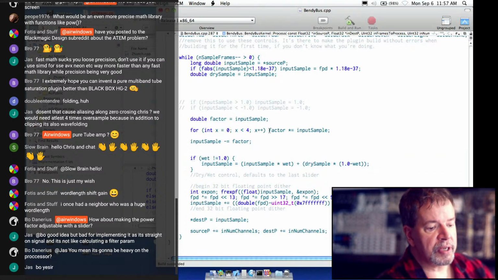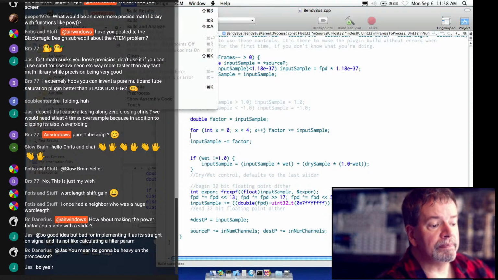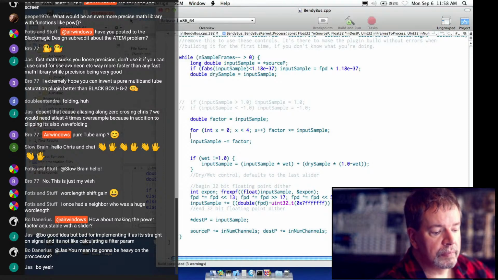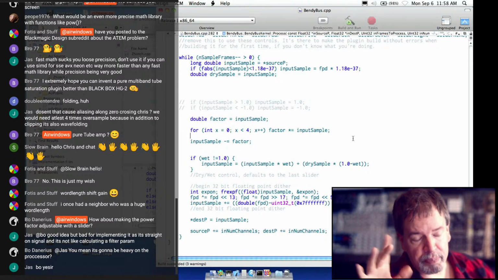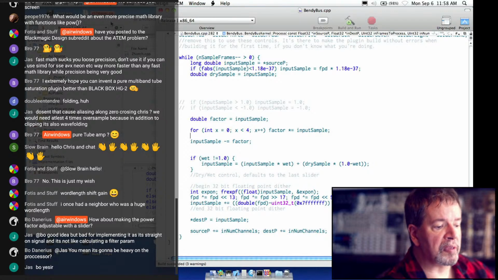But with this, there's only one statement, there are no brackets, so this loop is only going to do this many times. And this should be the same as what we had before, and let's find out. And we're not even going to attempt to scale it because we're experimenting with other things now.